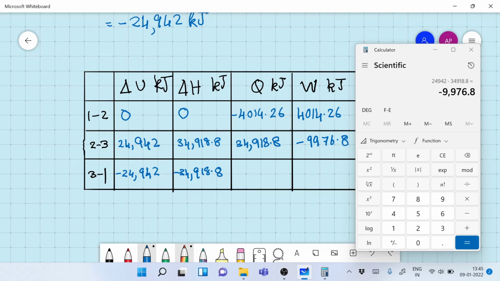Now since this is a constant volume process, the work done will be zero because there is no change in volume, therefore no displacement, and the heat taken from the fluid is going to be minus 24,942.